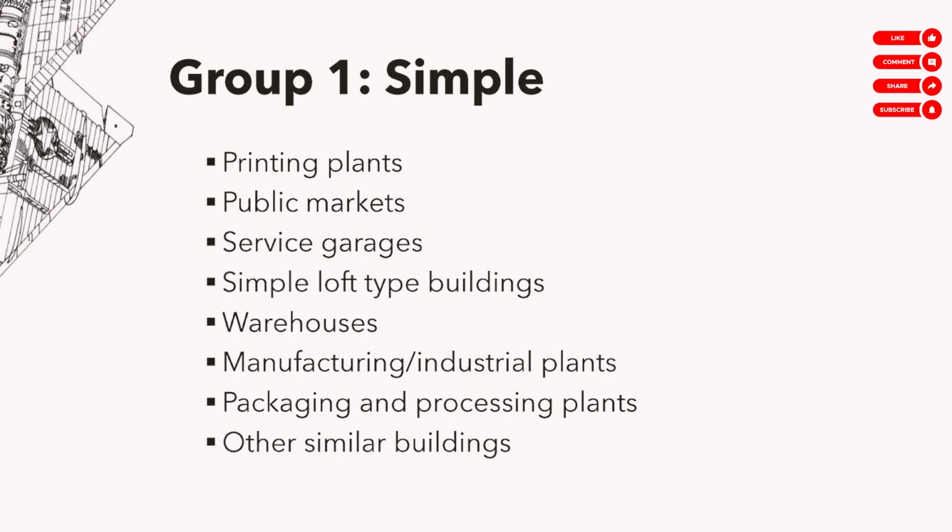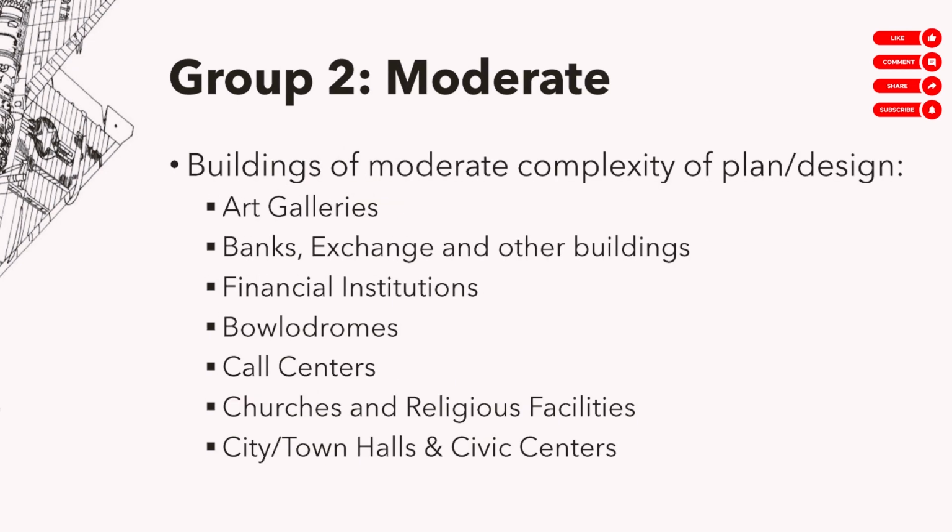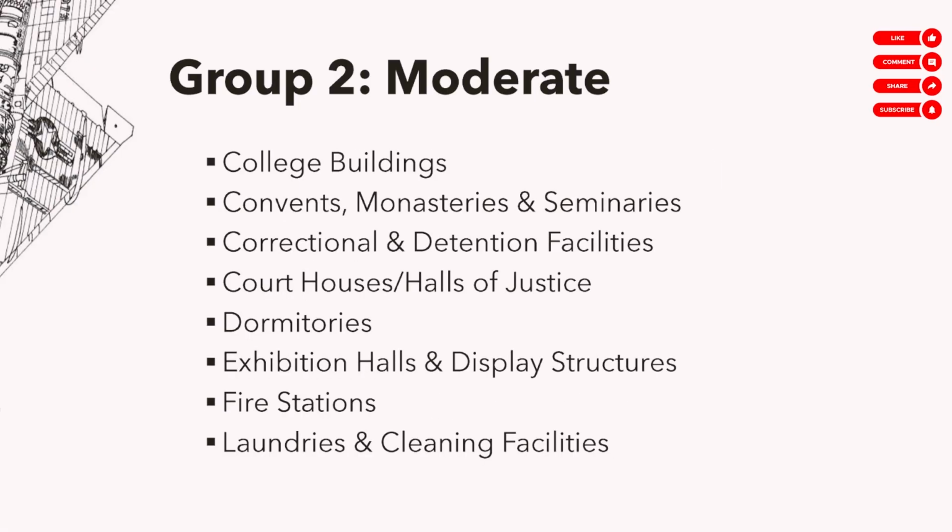Okay. Group 2 is moderately complex buildings. Now, buildings of moderate complexity of plan or design. This is the biggest group. It's a long list. I'm not going to read all, but I'll read out a few. So you have gallery, bank, call centers, church, city hall or town hall. You have college buildings and dorms and fire stations and laundries.